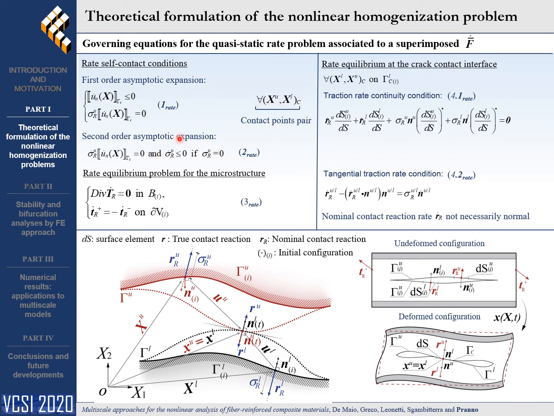Moreover, the second-order asymptotic expansion of the unilateral mechanical contact condition gives its corresponding rate version. In addition to the classical rate equilibrium condition for the microstructure, we obtain the traction rate continuity condition and the tangential traction rate condition at the crack contact interface.